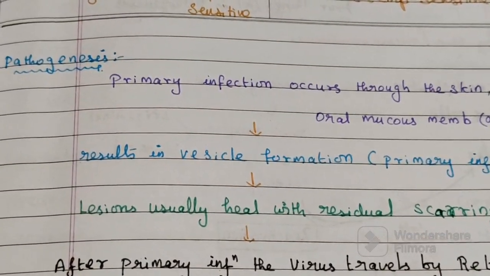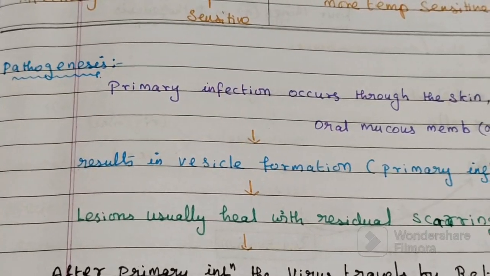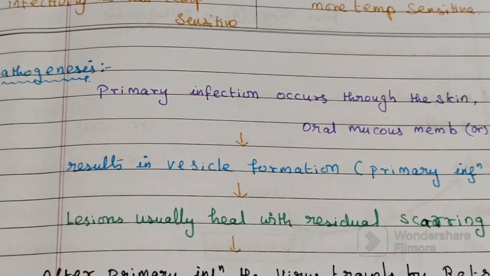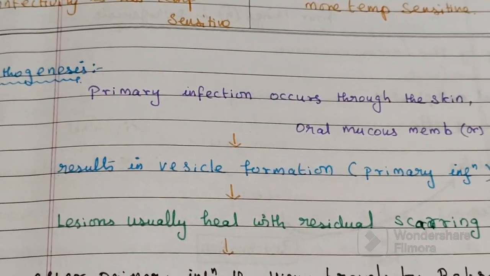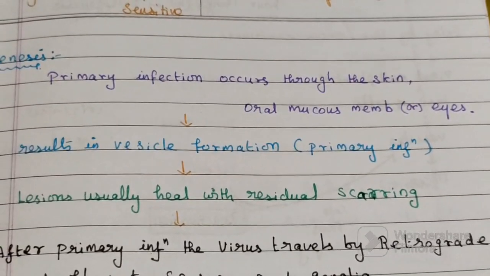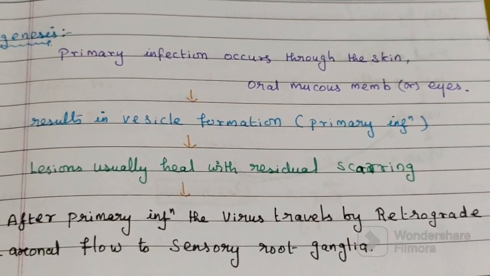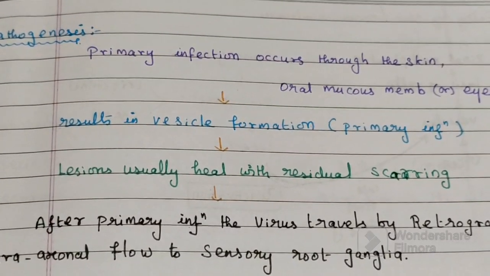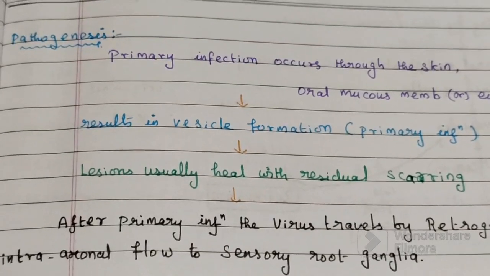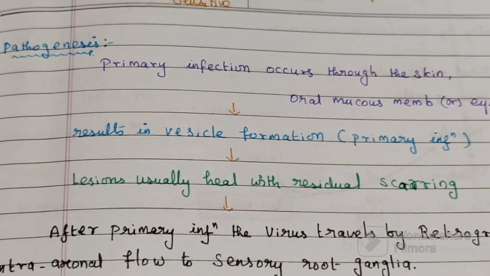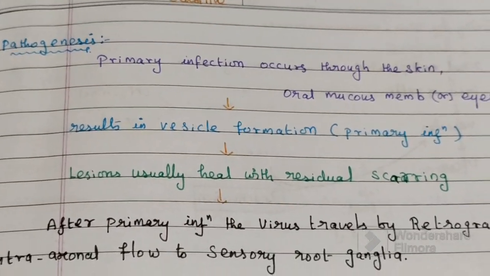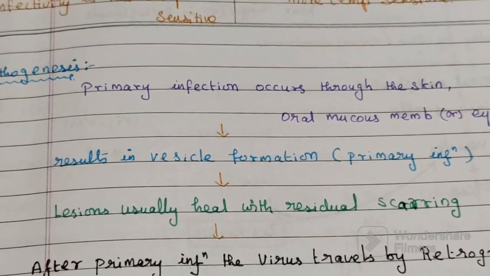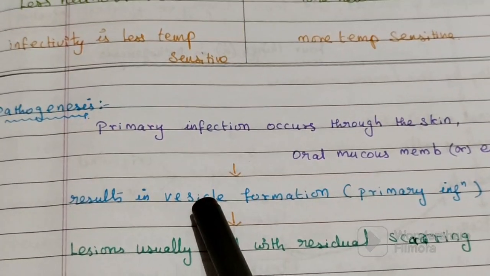Next is pathogenesis. What is the pathogenesis of both of them? Both cause primary infection first, and then latent infection. What is the meaning of primary infection? As soon as the virus enters the body, through the skin, the mucous membrane, or the eyes, it causes vesicle formation.